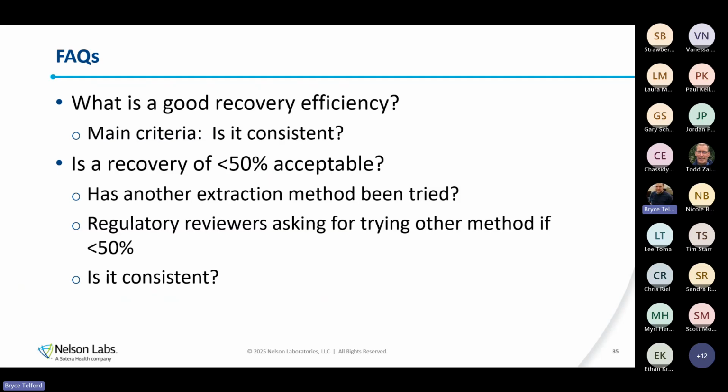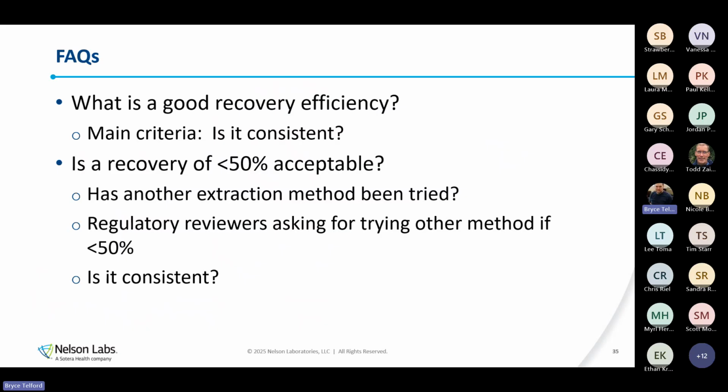In previous iterations of the ISO 11737-1 standard, it mentioned in the informative, not normative, annex that if you don't have a 50% recovery efficiency, you should consider improving the method. 50% recovery efficiency has never been a requirement of the ISO standard, but it was often being interpreted as a requirement.